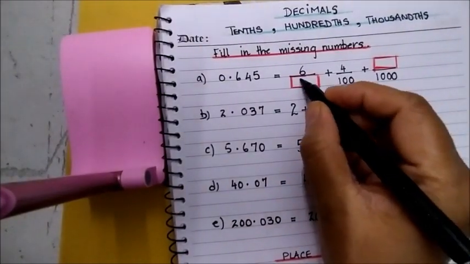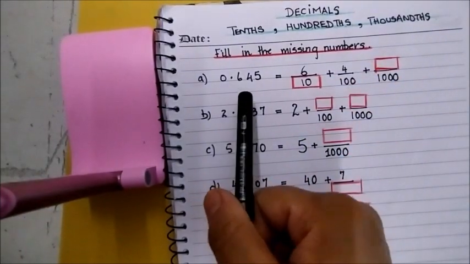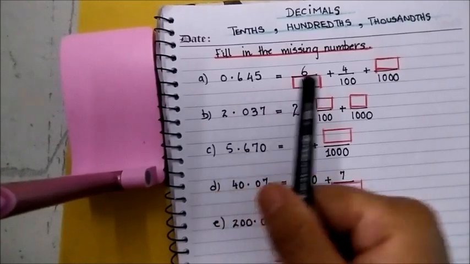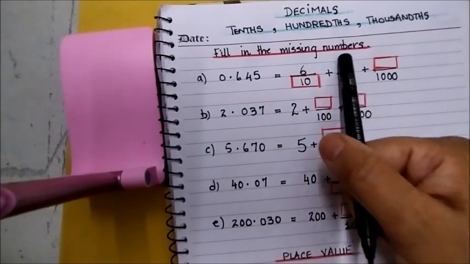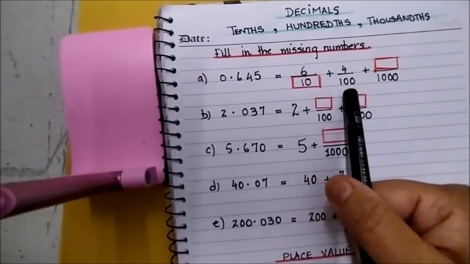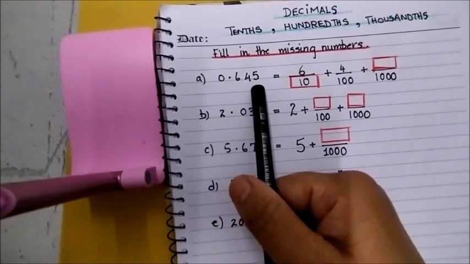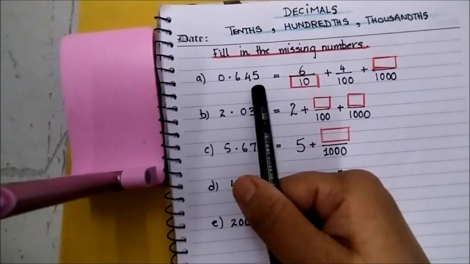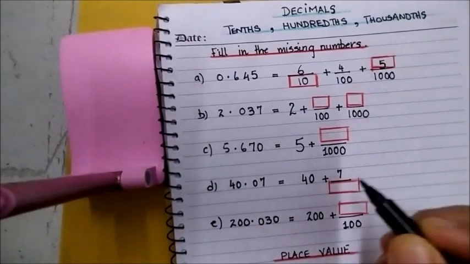You will be writing 10 here, because 6 is standing on the tenths place. They have already done the second part for you. The question already has this answer for you, 4 upon 100. Moving on to the third digit, which is standing on the thousandths place. So how would you write the third digit? It stands on the thousandth, so it's going to be written as 5 upon 1000.